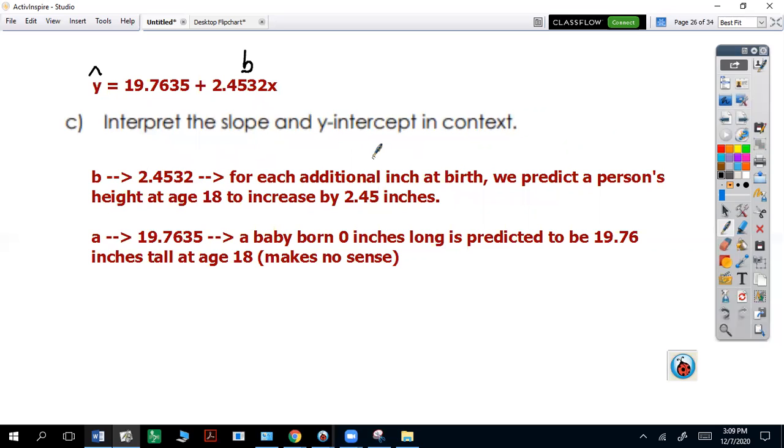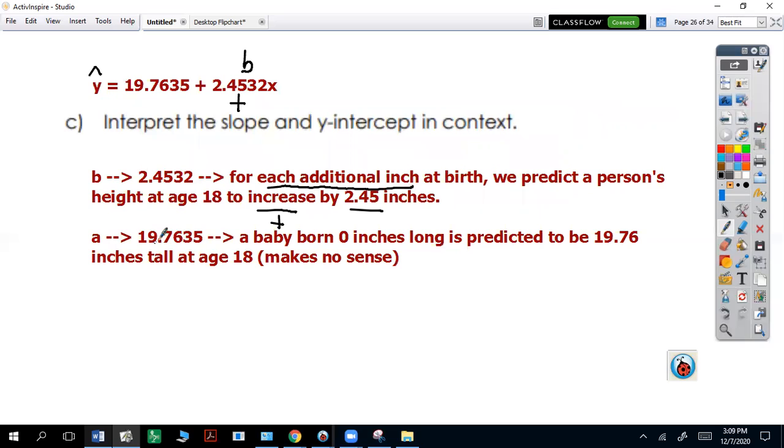For each additional inch at birth, we predict a person's height at age 18 to increase by 2.45 inches. Increase because that's a positive. So if that were a negative, we'd say decrease. And it's always the one by the x, and it's always by 1 unit. So if I did 5 here, I would get an output. If I did 6, that output would be this much more than if I had plugged in 5.